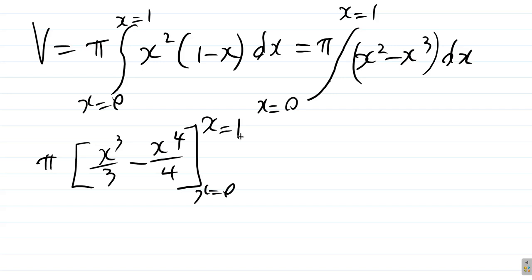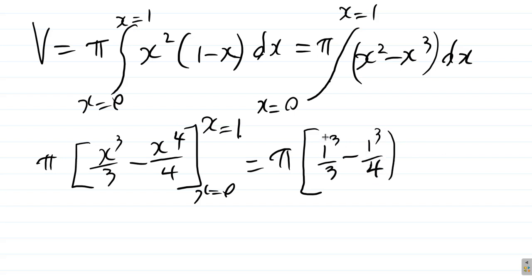So it's going to be pi times, let's input the upper boundary, that is going to be 1 cubed over 3 minus 1 to the 4th over 4, minus, then we input the lower boundary, 0 cubed over 3 minus 0 to the 4th over 4.